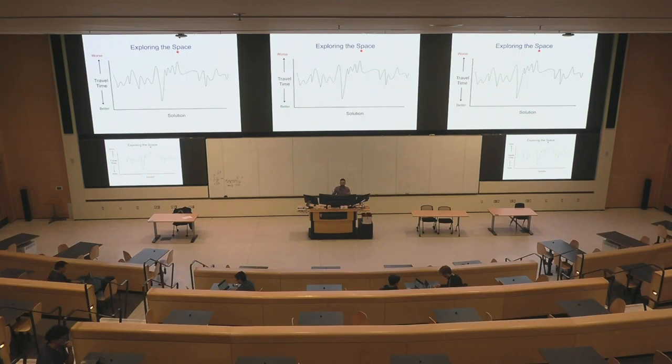Obviously, we cannot visualize such a search space, and it's probably very hard to traverse. So for ease of explanation, I'm just going to project all of these 200 into one dimension, which is called the solution. And the y-axis is just representing my cost, or the travel time, right? So if the travel time is higher, that means my solution is worse. If the travel time is lower, it's better.